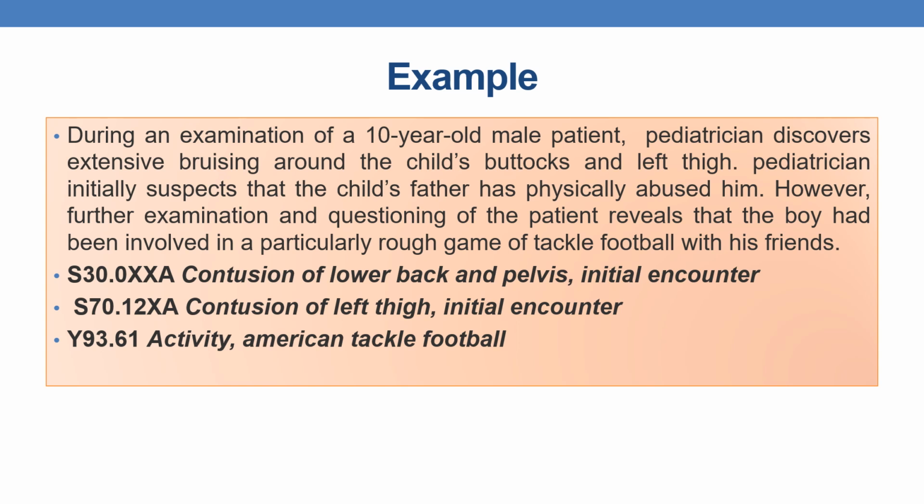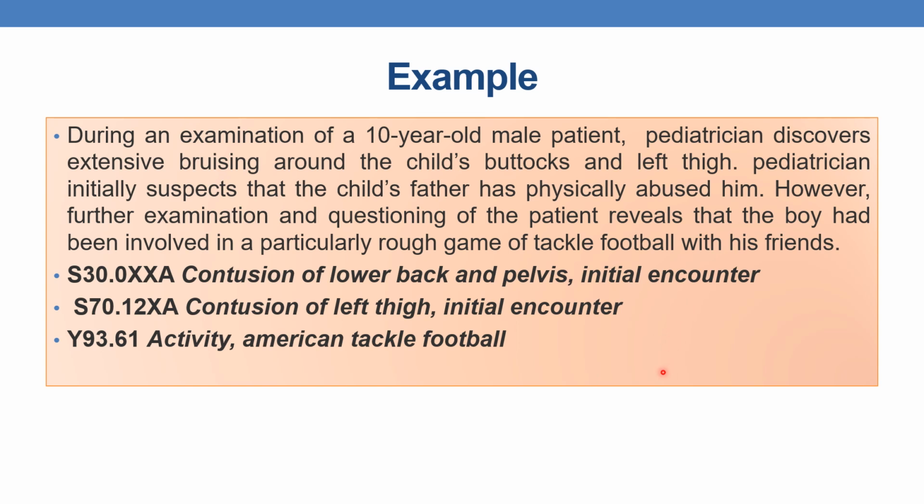So the appropriate codes would be, as there is a physical injury, injury codes are sufficient: S30.0XXA, contusion of lower back and pelvis, initial encounter; S70.12XA, contusion of left thigh, initial encounter; and the external cause code Y93.61, activity, American tackle football.